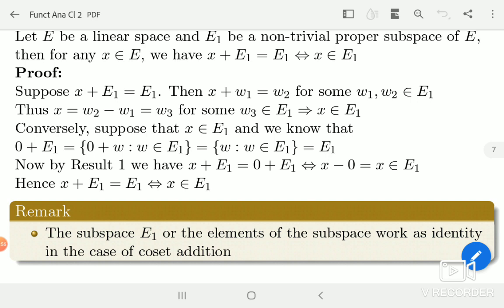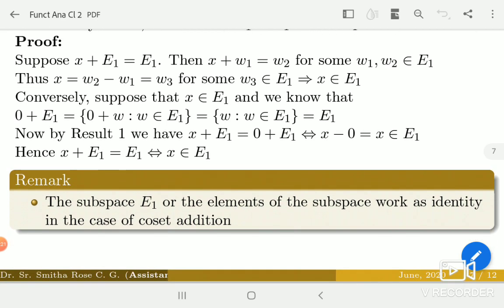From result 1, I can apply it here: x plus E1 is equal to 0 plus E1 implies x minus 0, that is x, is an element of E1. Now we remark that the elements of the subspace E1 work as identity in the case of coset addition, because they make no change in the process.